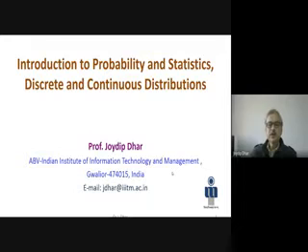In the first session I will start with very basic probability concepts, and then we'll discuss a few discrete and continuous distributions. The second session, as already mentioned in the schedule, will be multivariate discrete and continuous distributions along with matrix algebra. I will start with matrix algebra first, and then discuss the multivariate distributions.